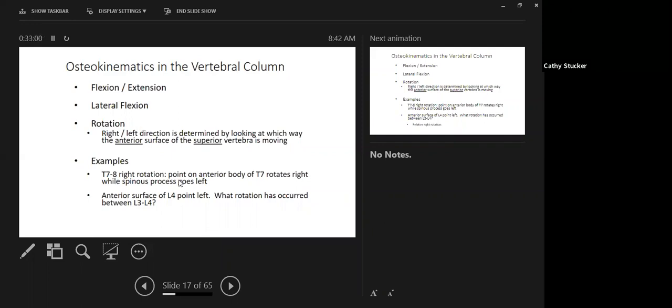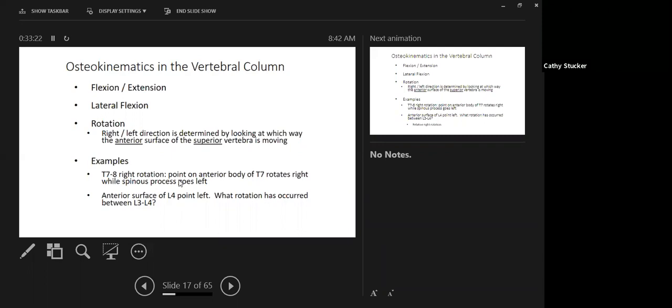So as you palpate down somebody's spine, here's a spinous process, right? You go, boom, I feel that one, I feel that one. Oh, that one's way over there. So this one is rotated right or left.